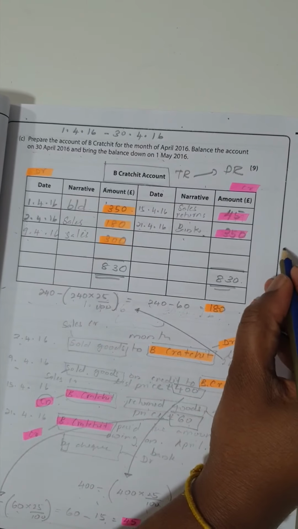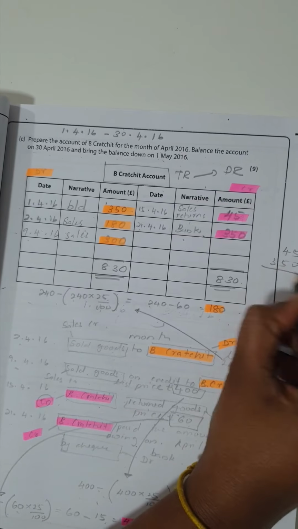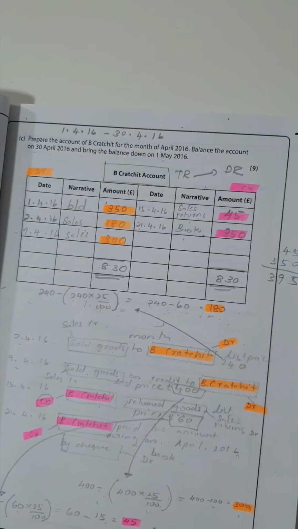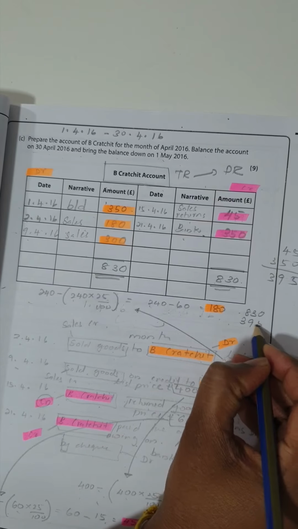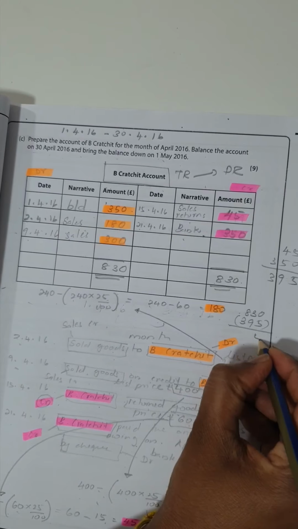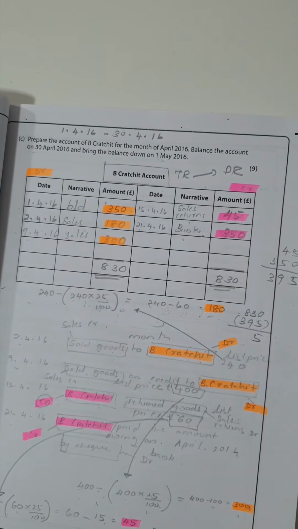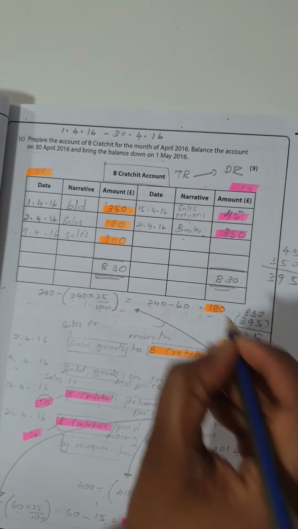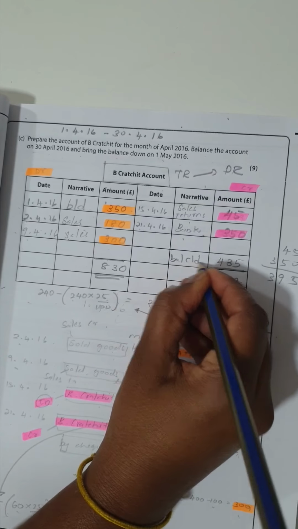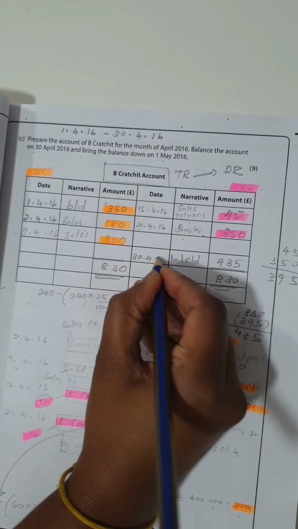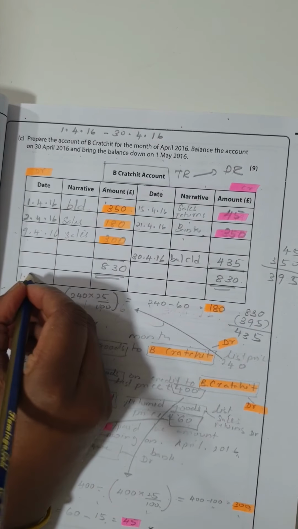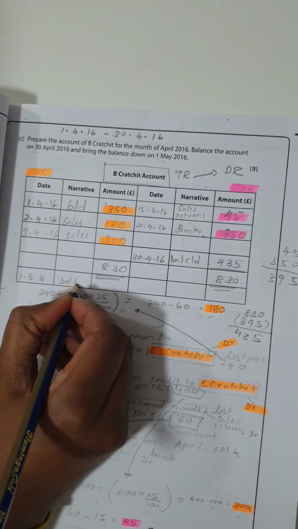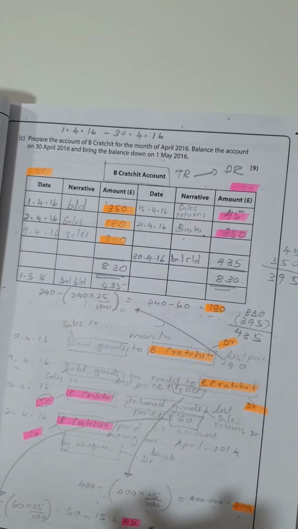And how much do you have on the credit side? 45 and 350, which gives you 395. So from 830, take away 395. The answer is 435, which is balance carried down on 30th April 16, and then on 1st May 16 balance brought down 435.